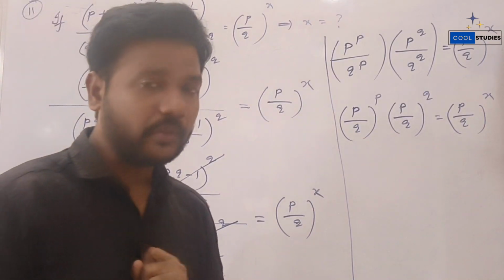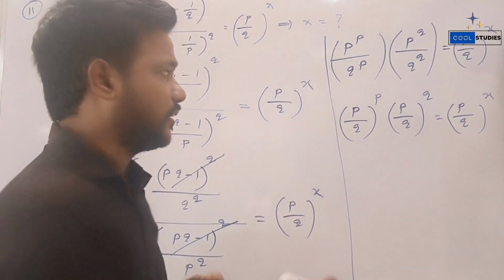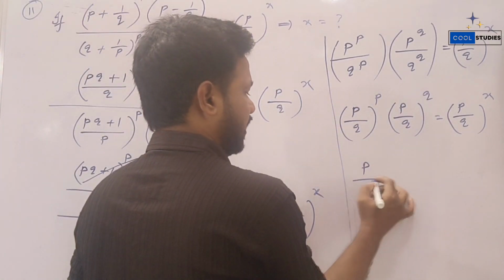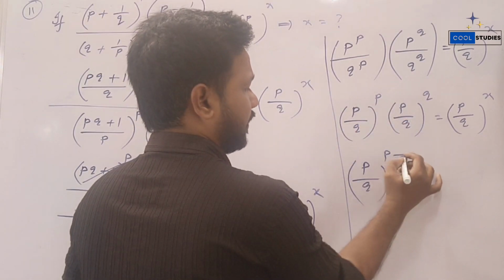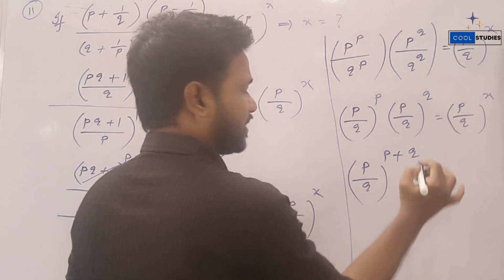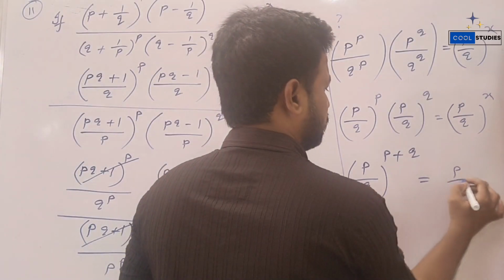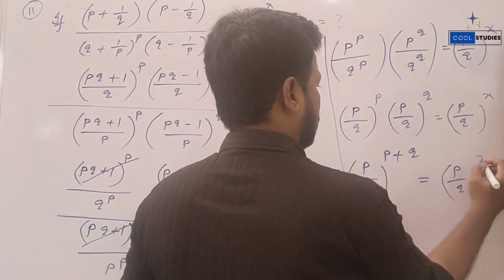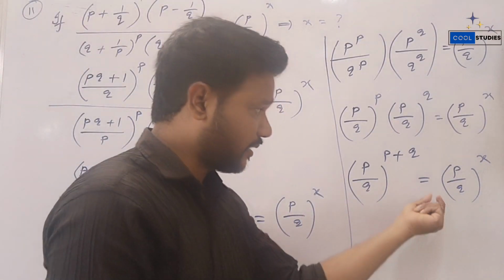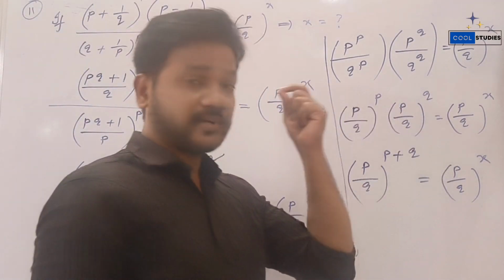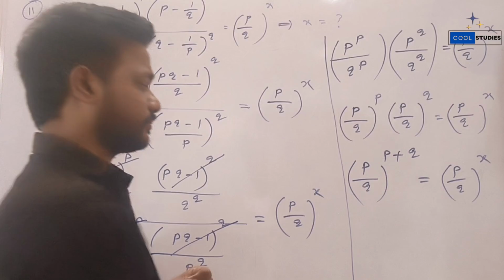What is the base here? (p by q) whole power, here the power is p plus here the power is q, so p plus q is equal to (p by q) whole power x. Now in that case the bases are equal, then the powers are also equal.